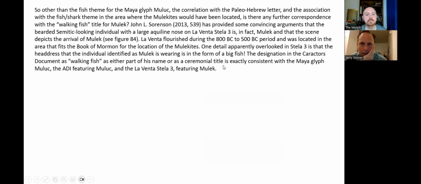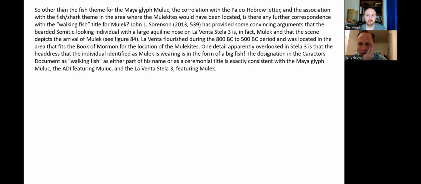I'm just showing some interesting correlations in Mesoamerica with this name. So the question is, can we find anything else that maybe is a walking fish title for Mulek? Sorensen basically said in his book that there's one stela in La Venta in this area that looks like an encountering of some sort of foreign looking leader.